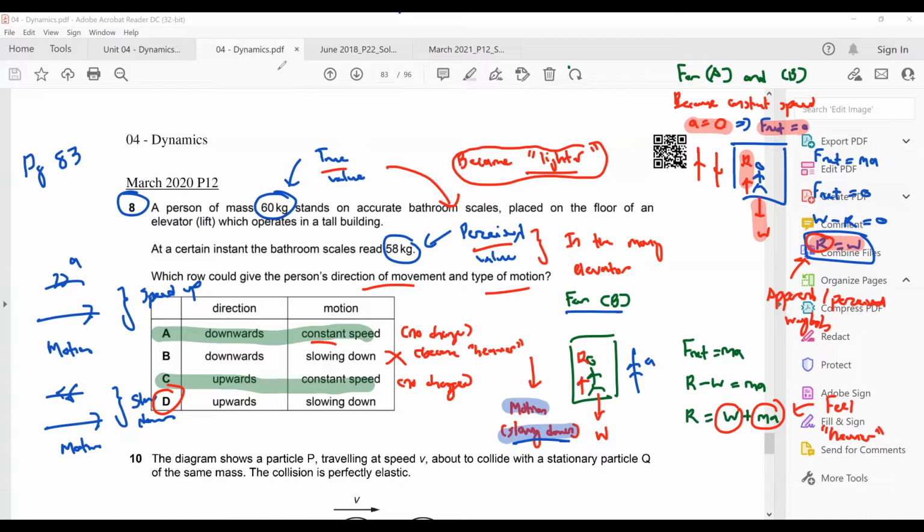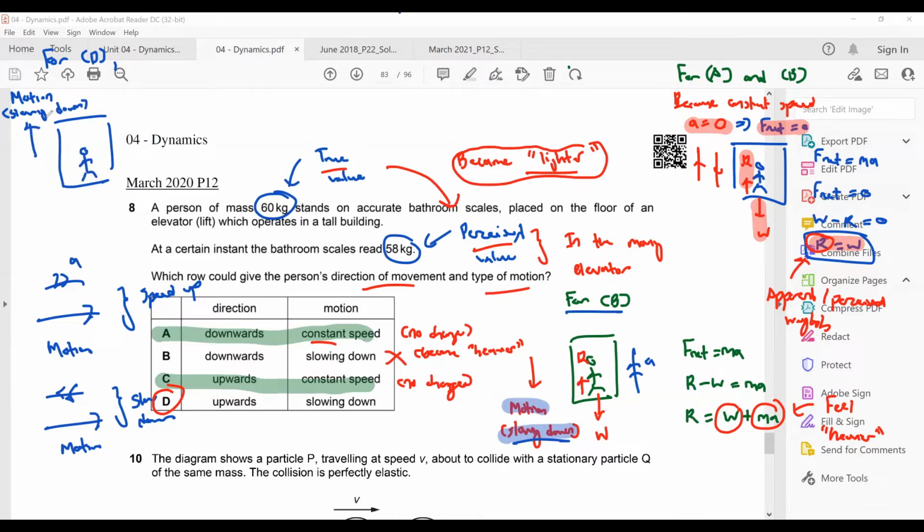So now if I have a case where the object is moving upwards, let me just draw it here. For D, I have an object that is moving upwards, motion upwards, but this one is slowing down, okay? My motion is upwards, but I'm slowing down.